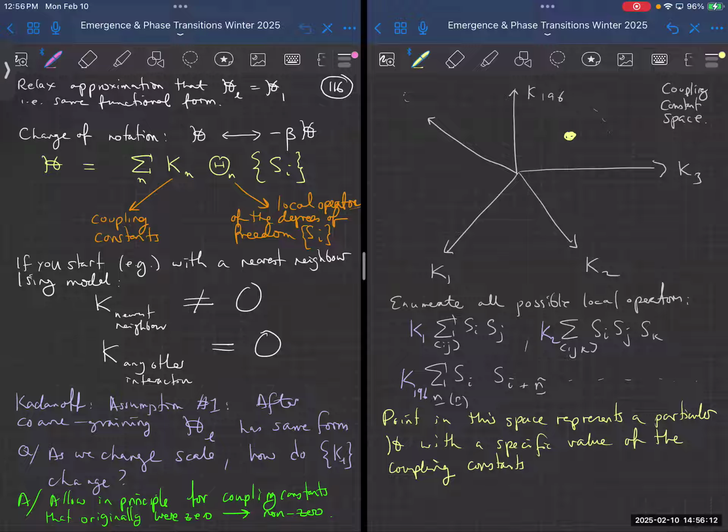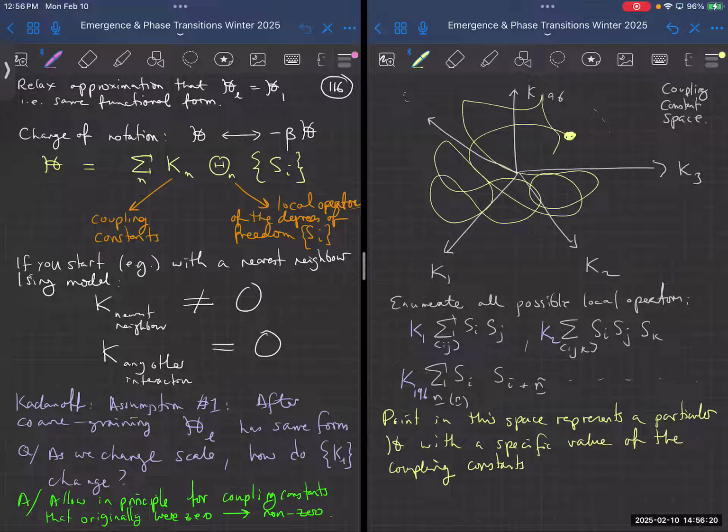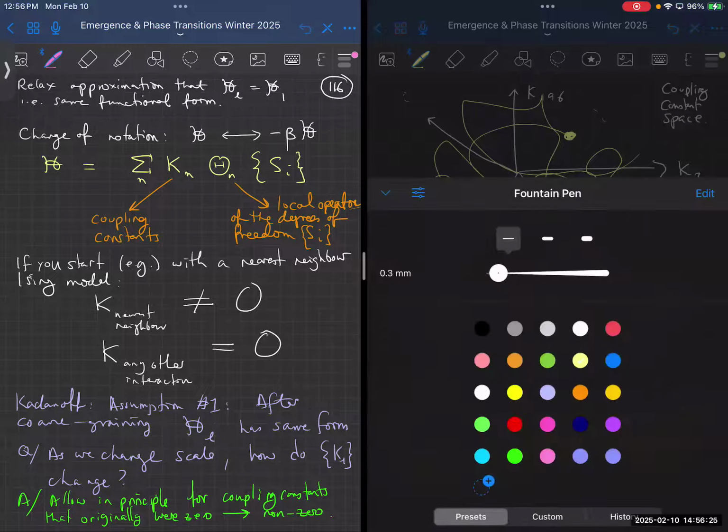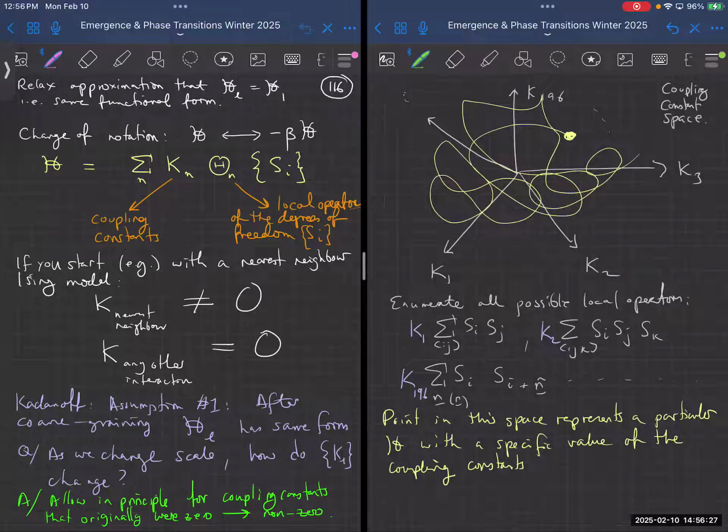Similarly, now I have my physical system described by a Hamiltonian. As I coarse grain, I generate some trajectory in this space. So the idea is that coarse graining changes the coupling constants.